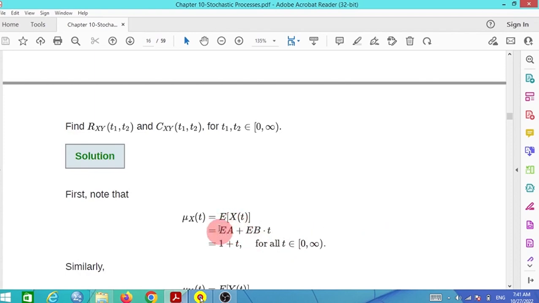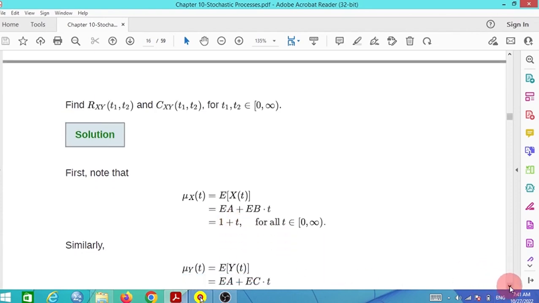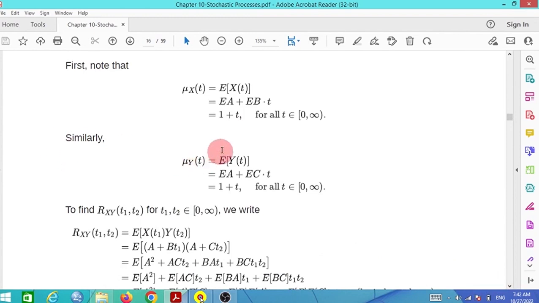The expected value of A is 1. The expected value of B is 1, because this is normal with mean 1. Similarly, this is calculated for y. This is the mean of x, this is the mean of y.